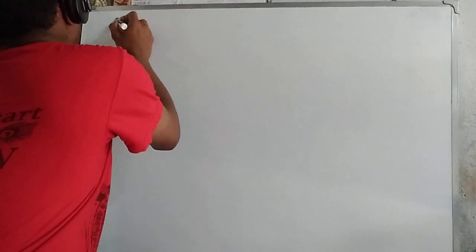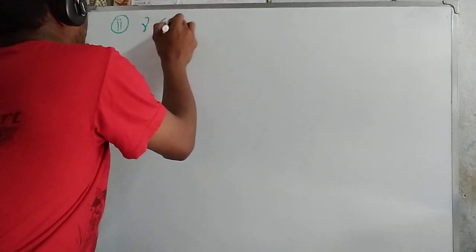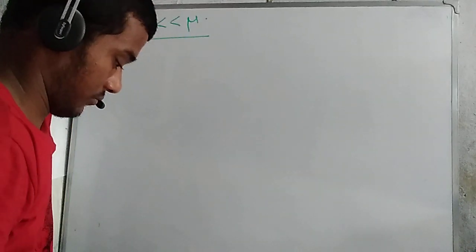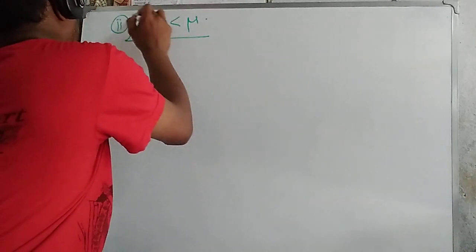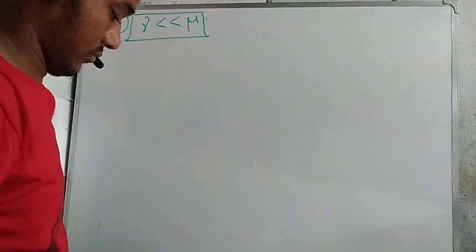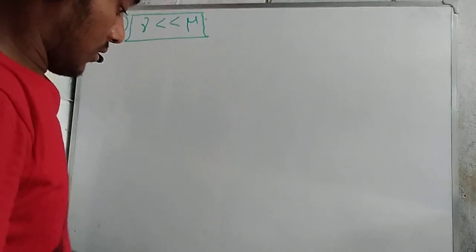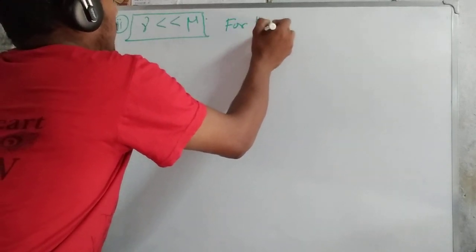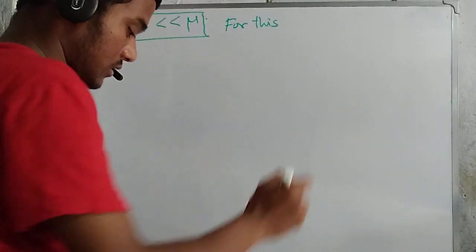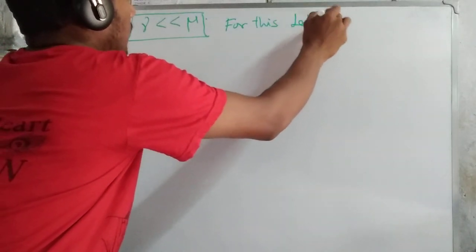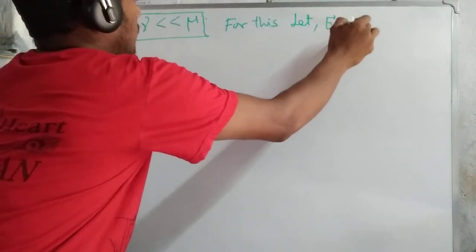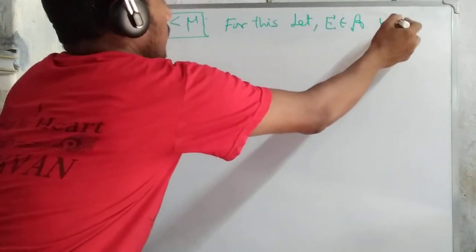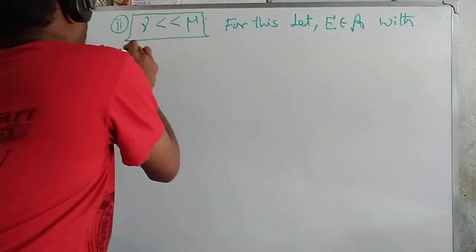Here we mark as 2: gamma is absolutely continuous with respect to mu. For this, let E belong to script A with mu(E) = 0.